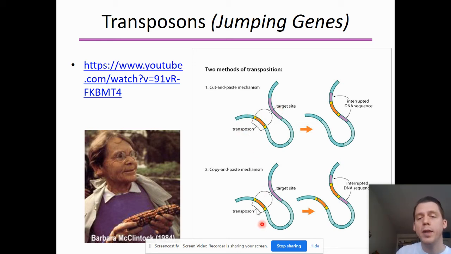So there's really two methods. It's either copying, like you see on the bottom, the transposon simply copied itself and moved to the target site, or the transposon is cut out and then the whole thing simply moves to the target site, interrupting that DNA sequence. Cut and paste or copy and paste.